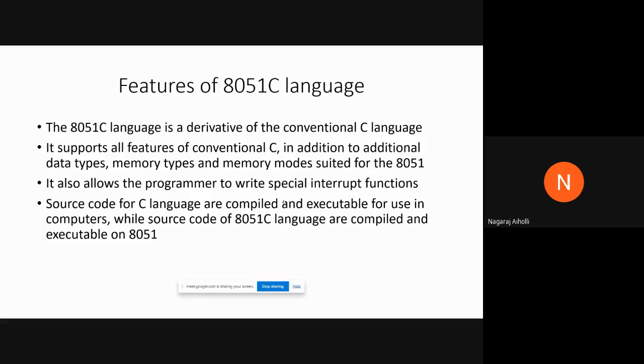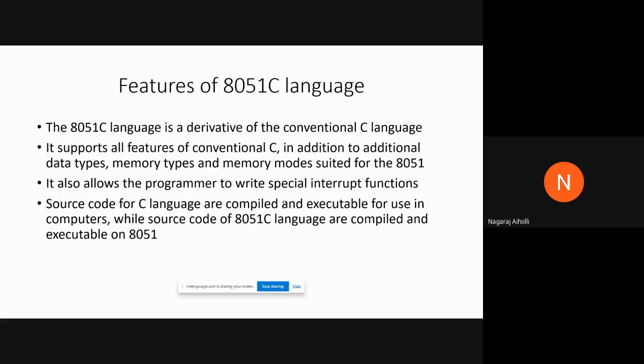It also allows the programmer to write special interrupt functions. Interrupt functions can be written in assembly language also, but certain specialized, unique interrupt functions can only be written in 8051 C language, and they cannot be written in assembly language.